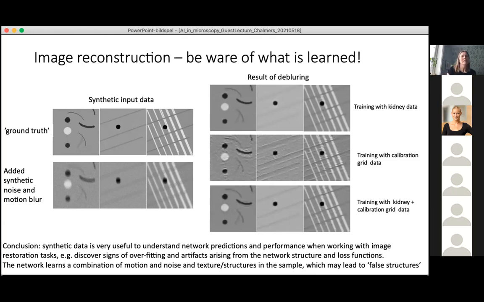So we created these 3 synthetic images, and then we added synthetic noise and motion blur to sort of make them look like what happened when we had the motion blur in the microscope. So you see these parallel lines are spread out and the round dots are a bit elongated.